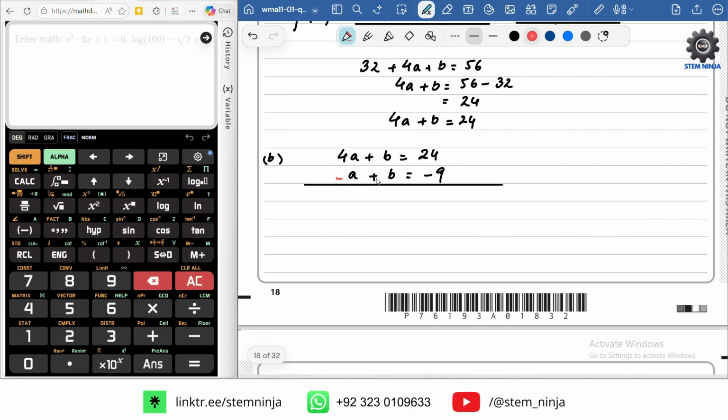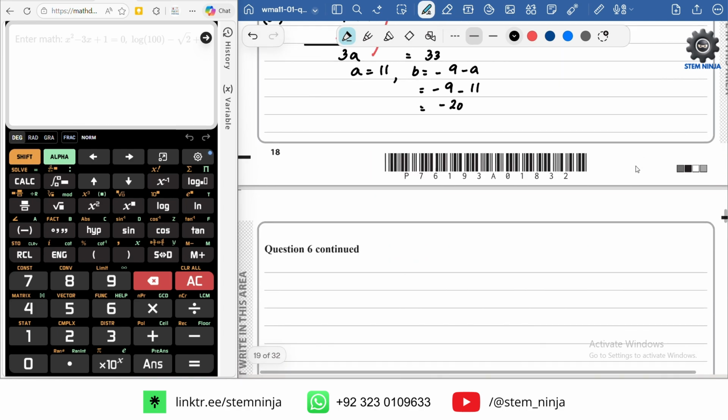So we subtract the second equation from the first. We get 3a equals 24 plus 9, 33. So a is 11. And therefore b would be minus 9 minus a. So minus 9 minus 11. This would be just minus 20.